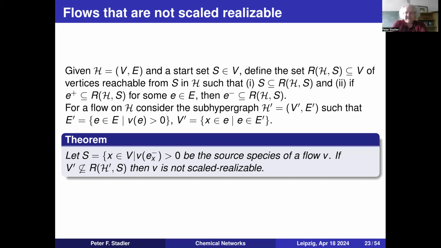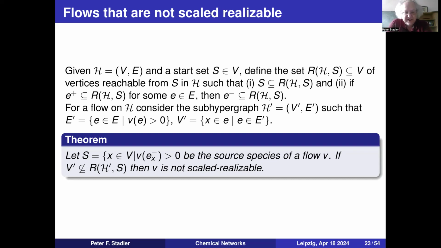First of all, the start set is reachable, and then if the left-hand side of a reaction, so the educt side of a reaction, is in the reachable set, then also the right-hand side of the reaction, so the products, have to be added, and you just iterate that. That gives you a notion of reachability in the hypergraph, and we can ask what its edge set and what its vertex set is.